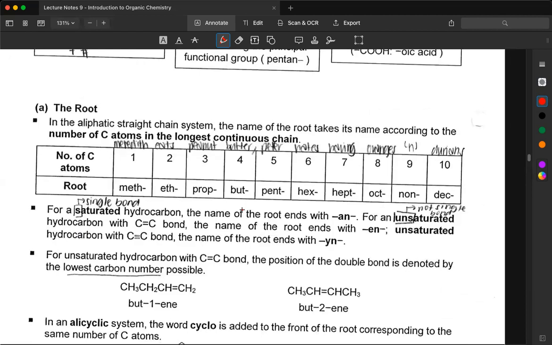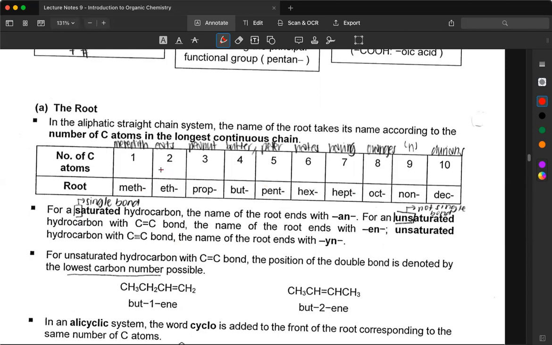For the saturated hydrocarbon, the root ends with -an. For unsaturated hydrocarbon, the root ends with -en. Unsaturated hydrocarbon with a C triple bond C, the root ends with -yn. So these are the 10 carbon atoms that you need to remember: meth, eth, prop, but, pent, hex, hept, oct, non, dec.